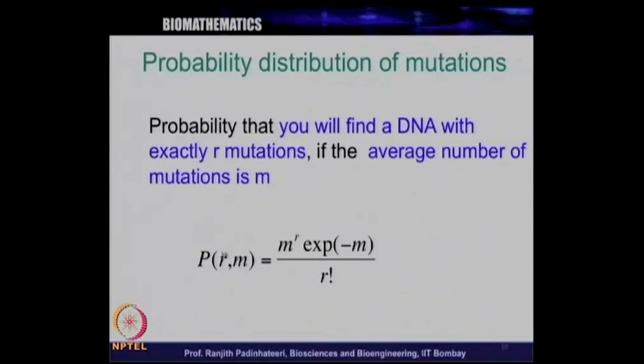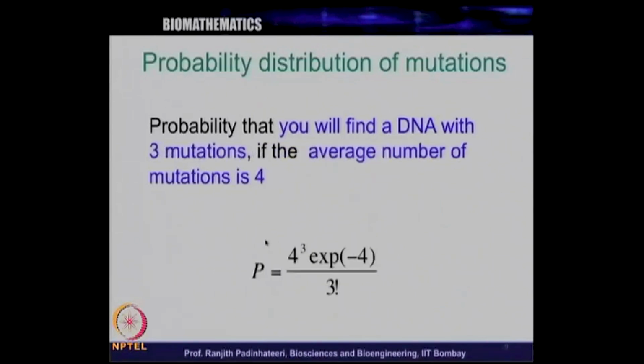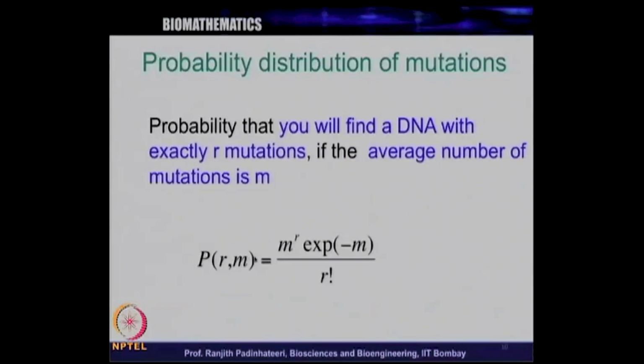Now, substituting m as 4 and r as 3, you get the previous formula. So, P of r comma m is equal to m power r, e power minus m, divided by r factorial.